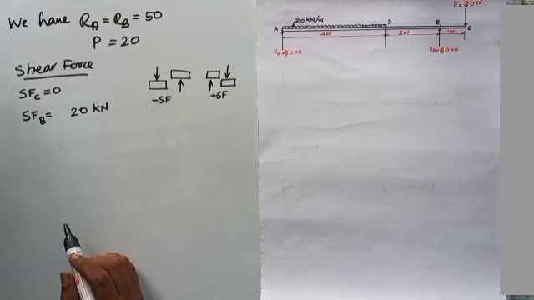So the load P, 20 kilonewton, is in the right side of the section, and the load is acting downwards. So two things: the load is acting on the right side and it is downwards.